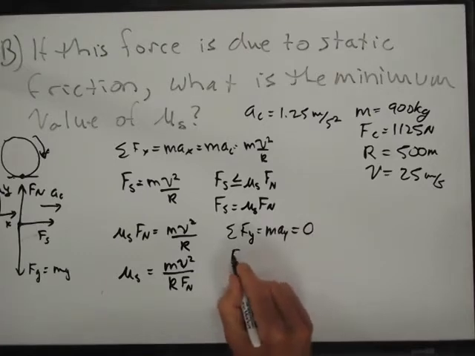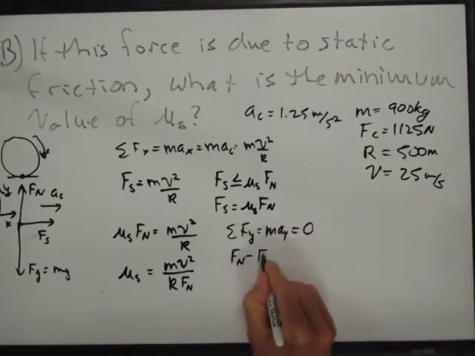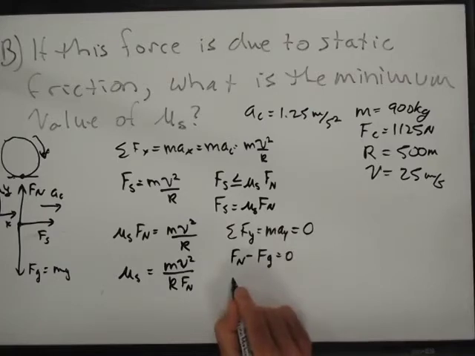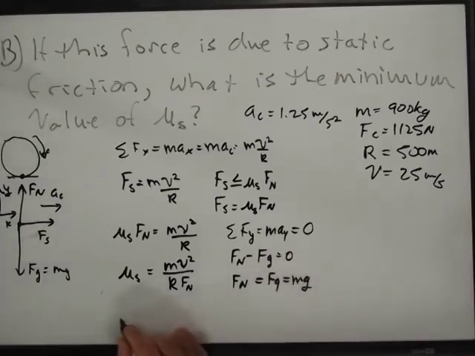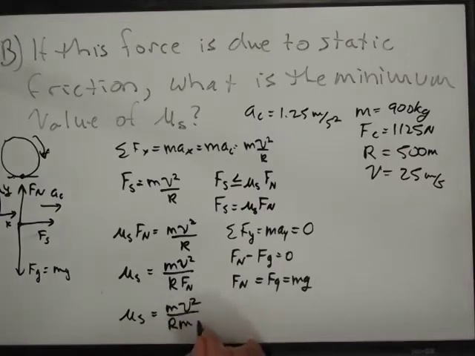So the normal force minus the force of gravity equals 0, or the normal force is equal to the force of gravity, which is mg. That means mu sub s is equal to mv squared over r mg. The m's cancel, and it's just v squared over r times g.